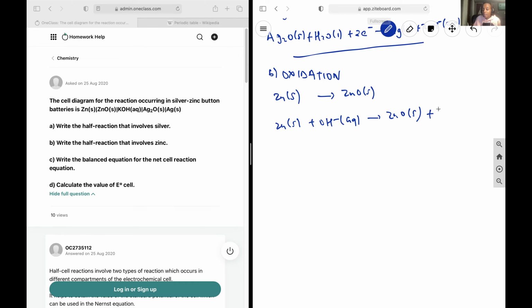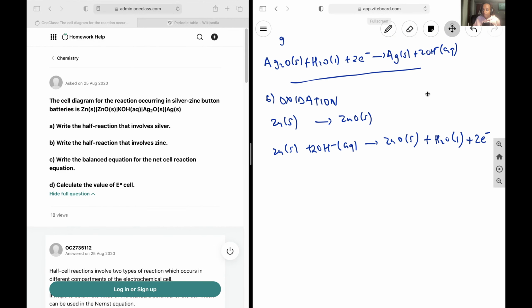Since we're going to add H2O to the other side to do that, we have 2 hydrogens, so we're going to want to multiply this by 2. So all of the mass species are balanced, and next up we're going to balance charge. And so here we have 2 minus, we want 2 minus on the other side, and that can be done by adding 2 electrons. And so as expected, we're seeing electrons on the second half of the equation.